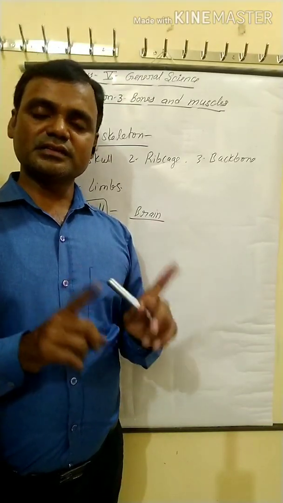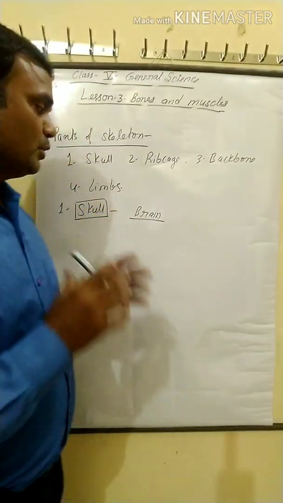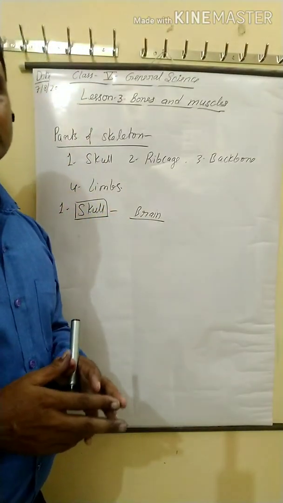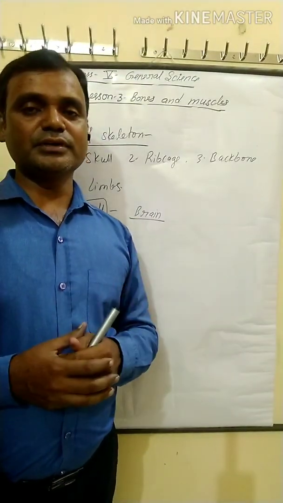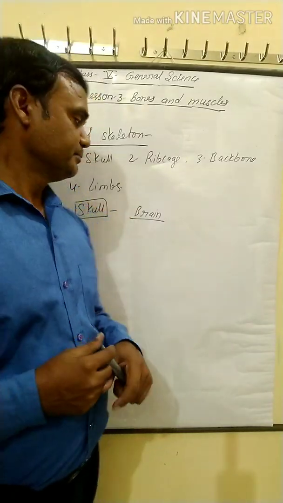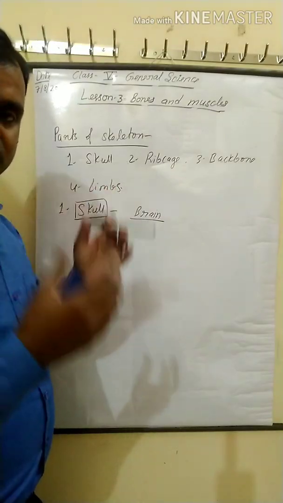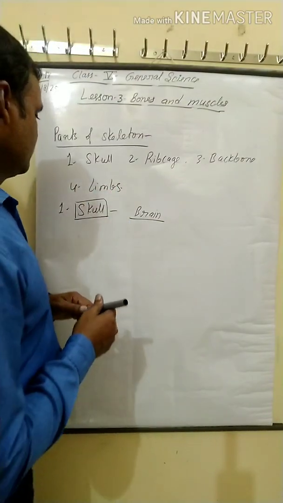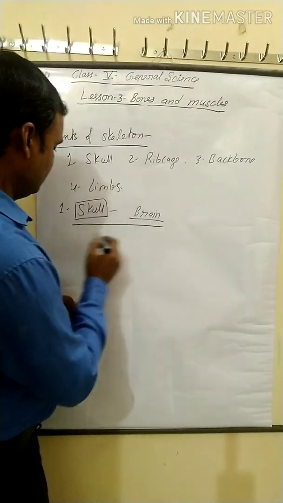Such joints are called fixed joints. Only the lower jaw can move, and it helps in chewing food items and in talking. But the upper jaw teeth and other parts are fixed. So the skull protects the brain.